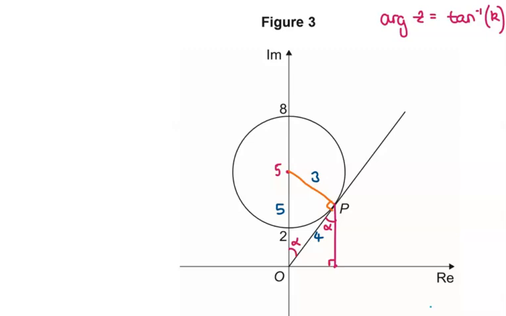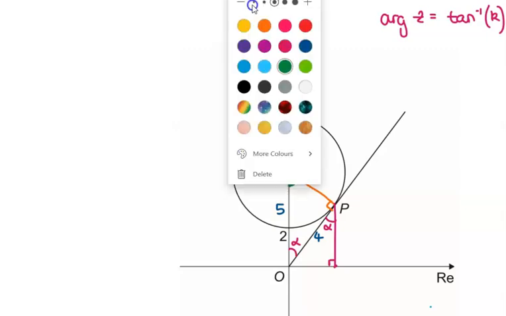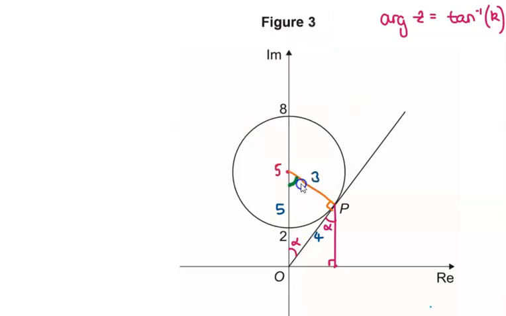Let's call this angle here beta. And we know that alpha and beta make a right angle because the angles in a triangle add up to 180 degrees.